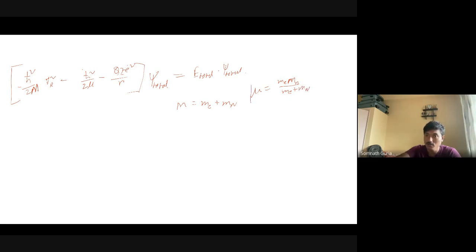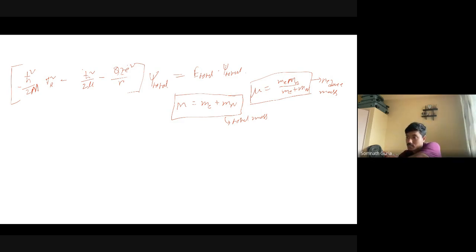This is called the reduced mass. As you know, this is the total mass and this is the reduced mass. Everything is covered in physics 10 plus 2 level. I think so. It is super easy.